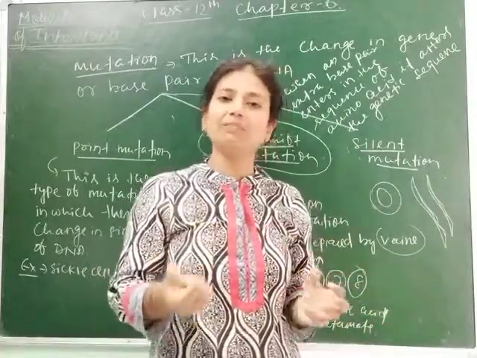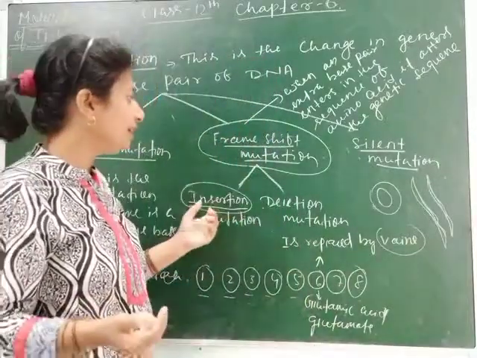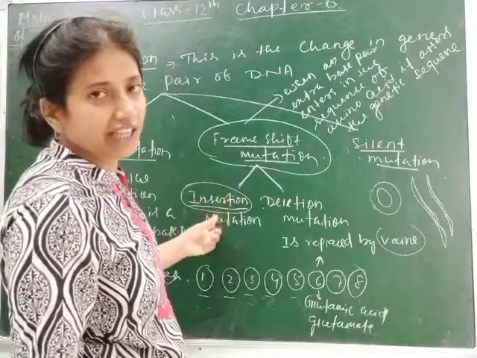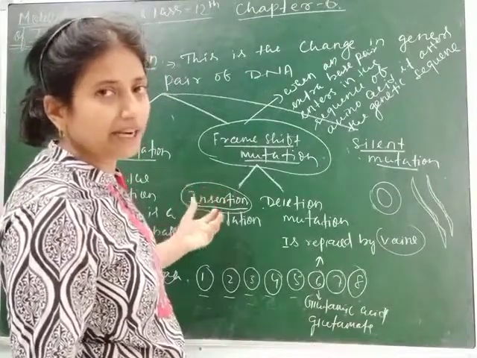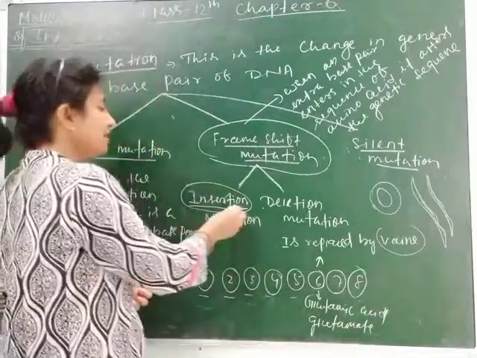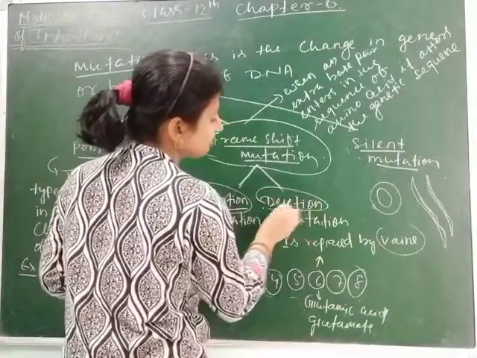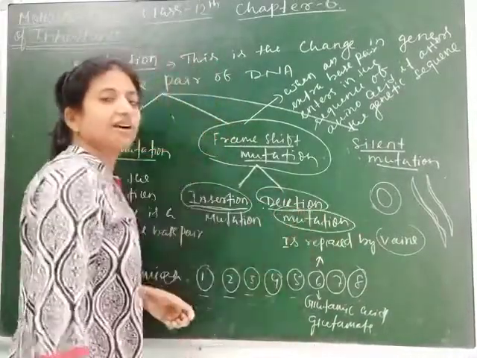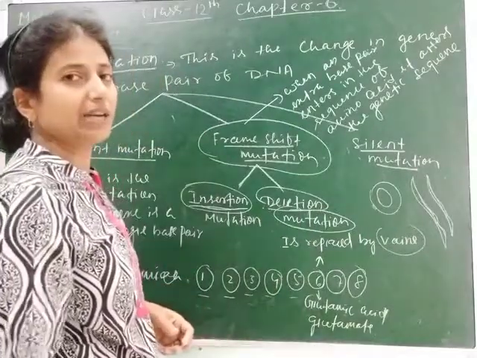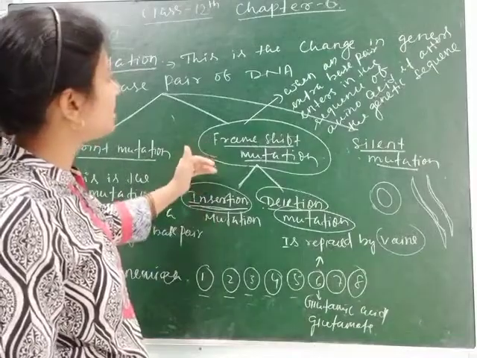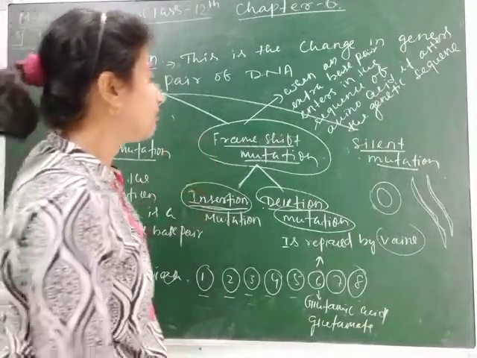We can't do this ourselves, but it occurs on its own in our gene or DNA, due to which we show some differences or variation. We will understand this through examples. Next, deletion. If we delete one amino acid or a single base pair, it also reads a different sequence of amino acids. That's why this is called frame shift mutation.